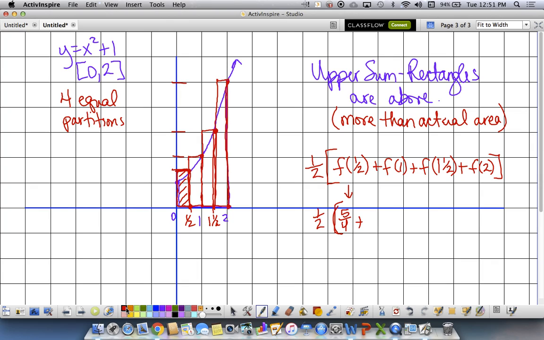Plus, what's f of 1? If we plug in 1, we simply get 2. F of 1.5, if you look back, I think we got 13/4. But we can try it again. So 3/2 squared plus 1, 9/4 plus 4/4. Yep, that was 13/4.